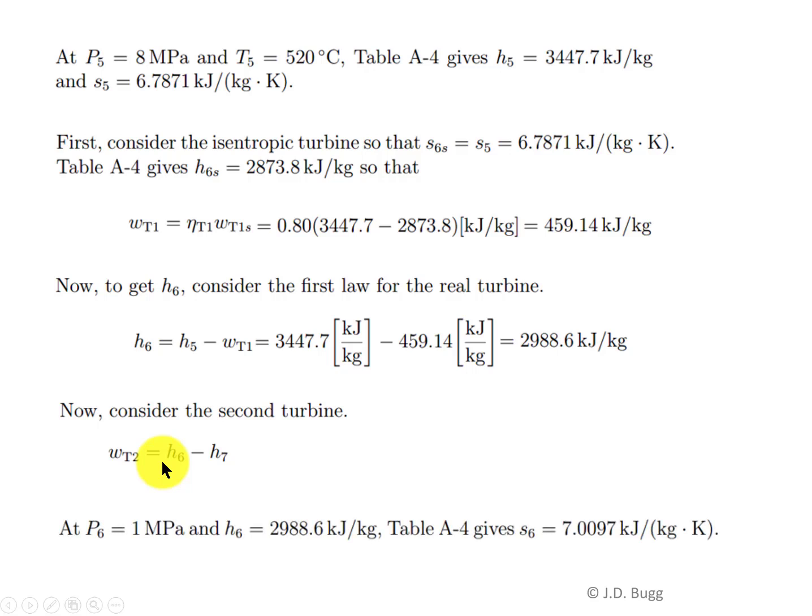Well, I do know two properties at point 6. I know the pressure is 1 megapascal and the enthalpy is 2988.6. So table A4 gives me an entropy of 7.0097 kilojoules per kilogram degree Kelvin.